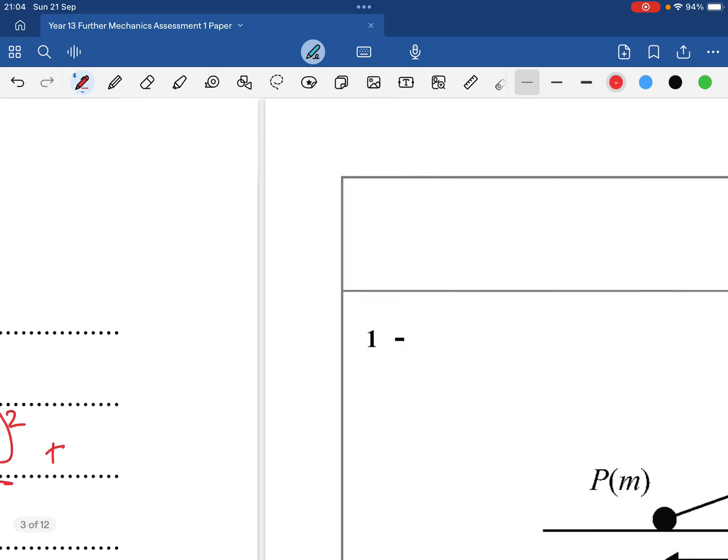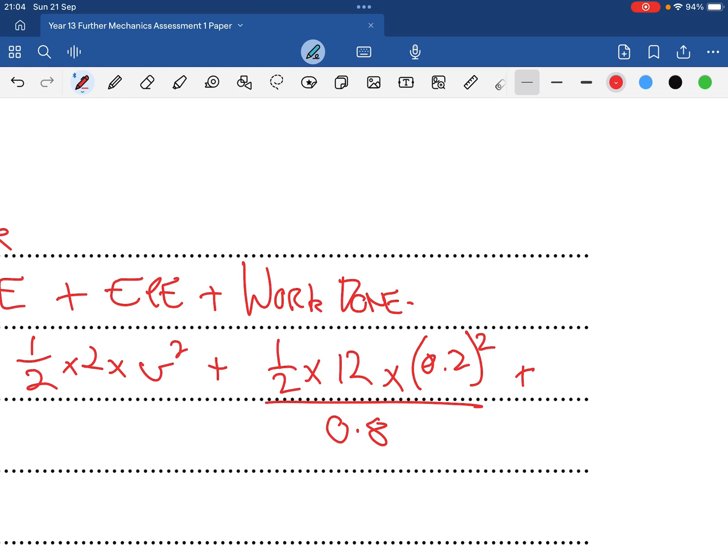So going back to here, we've got a root 3g times 0.3 times the distance, maybe I have to squeeze this in here, times 0.7 meters.